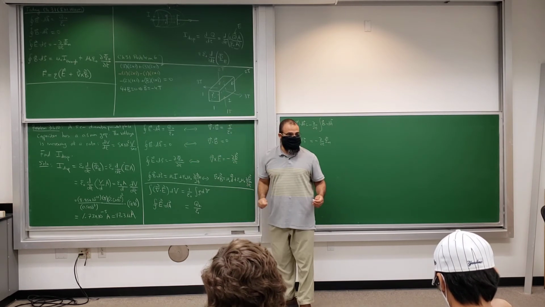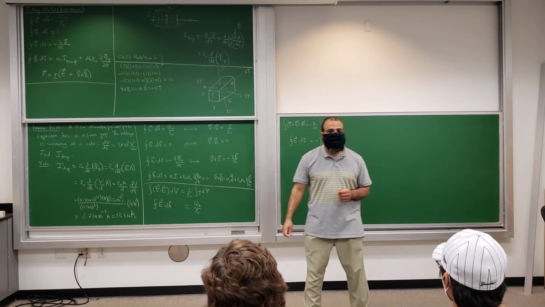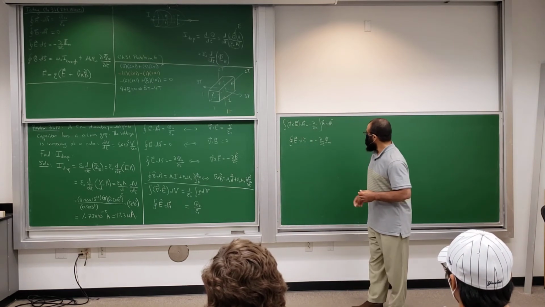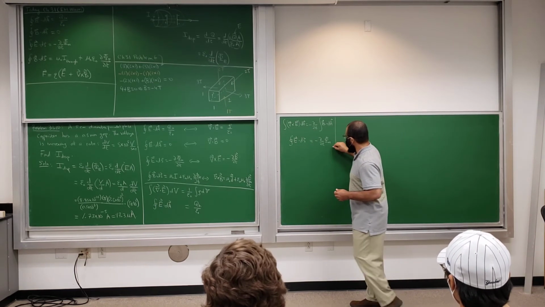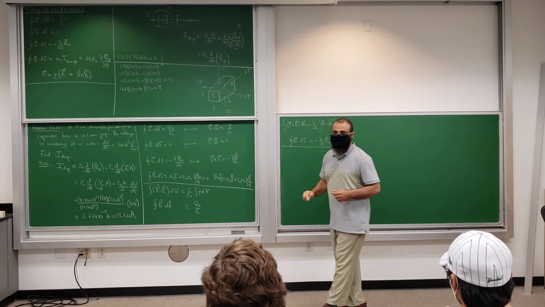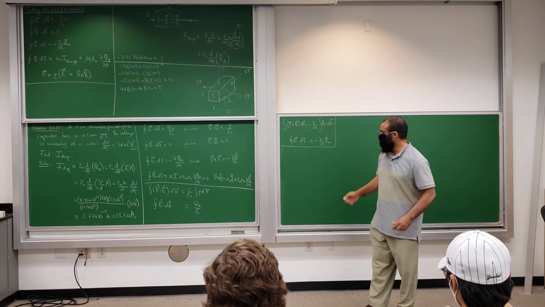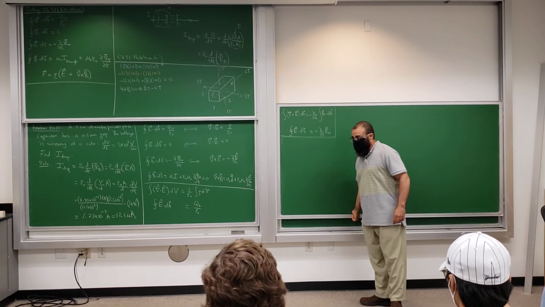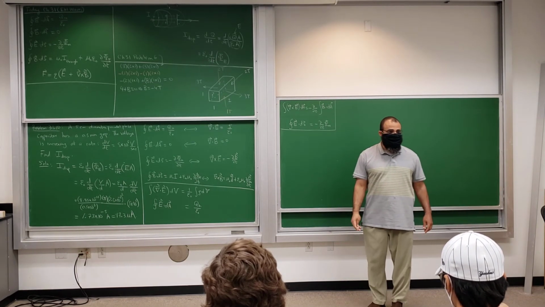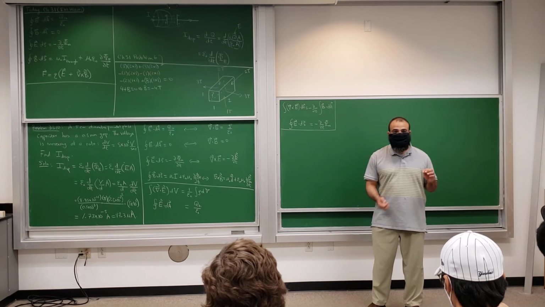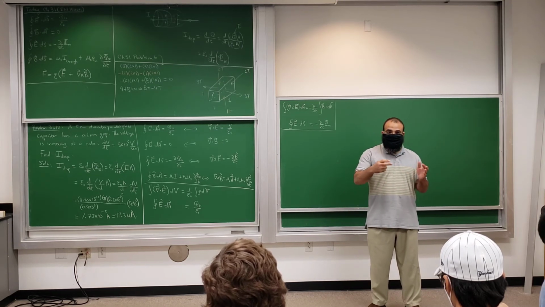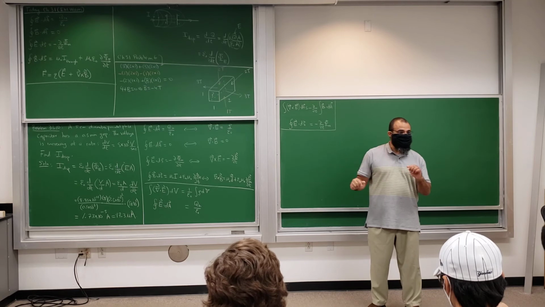And now I want to use it. So here is how we're going to use them to get the wave equation. Remember what the wave equation says. The solution would be some sine or cosine, right?